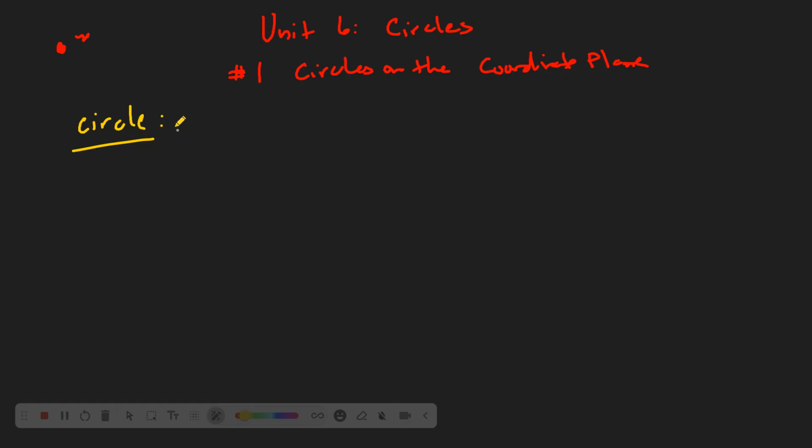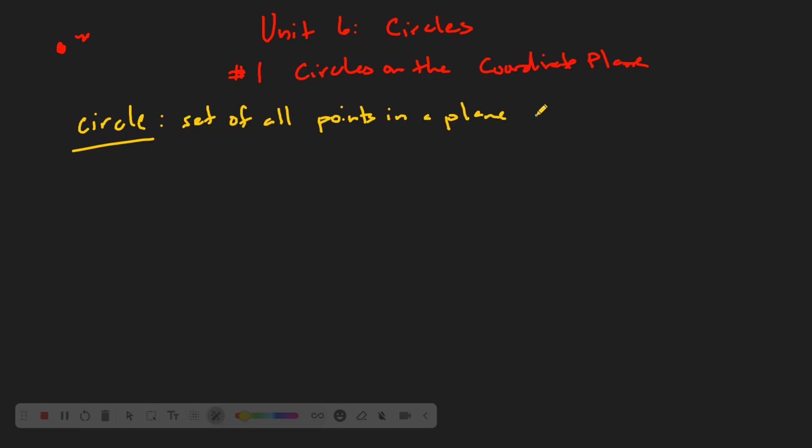By definition, a circle is the set of all points in a plane. And that in a plane idea just means it's two-dimensional, it's flat, right?